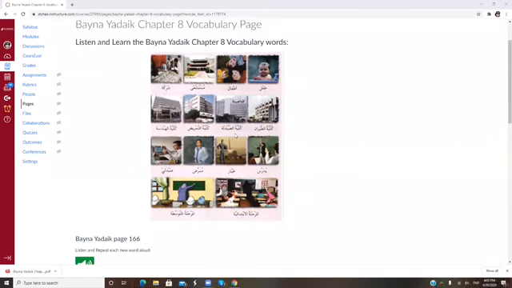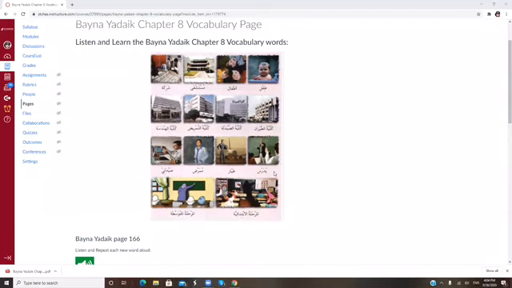Kulliyat as-Saydala, the College of Pharmacology. Kulliyat at-Tamrid, College of Nursing. Kulliyat al-Handasa, College of Engineering.